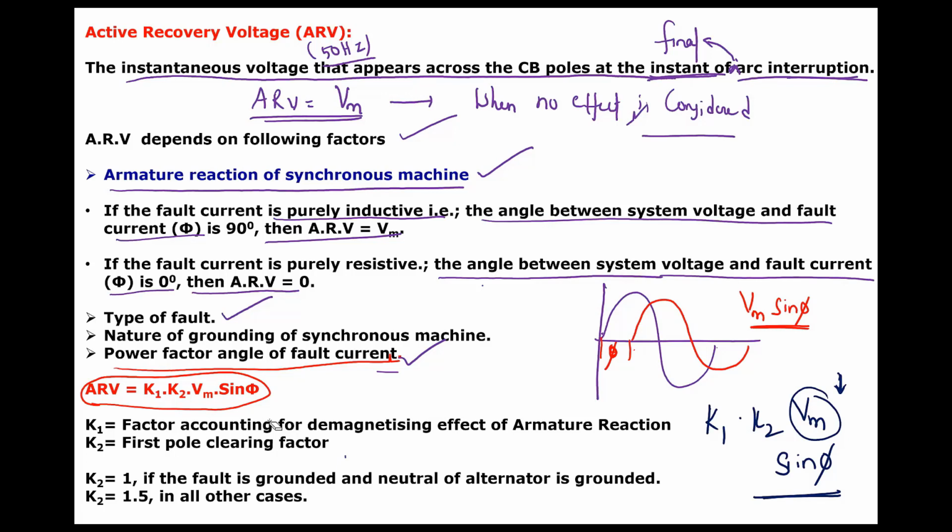There may be one pole that acts quickly and another contact that acts slowly. So by considering that factor, first pole clearing factor.